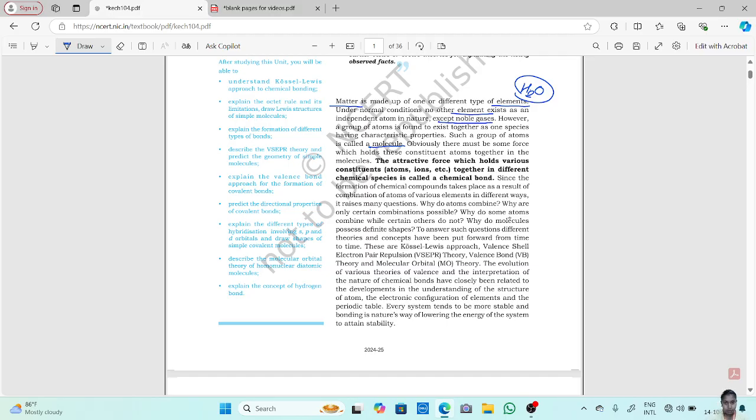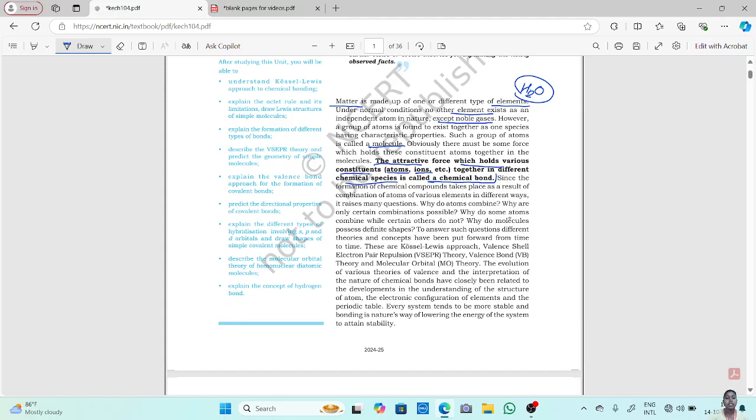Now, the attractive force which holds the various constituents, like atoms and ions, together in different chemical species is called a chemical bond. What is a chemical bond? It is an attractive force which holds different types of atoms or ions together to form a chemical species.